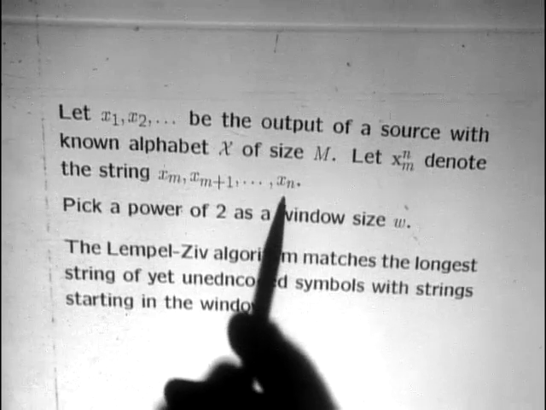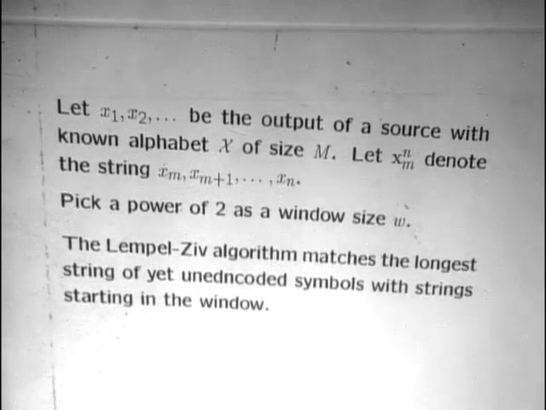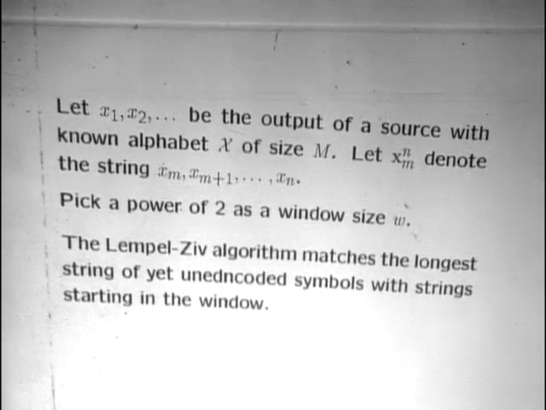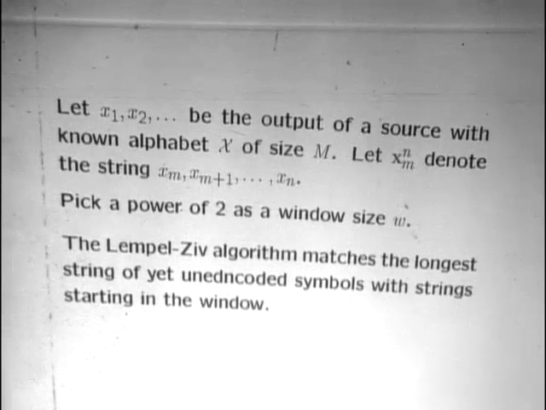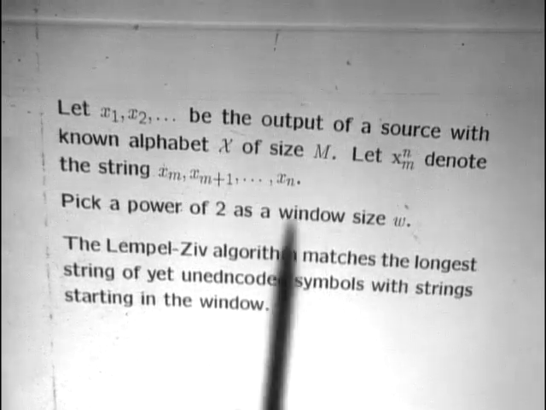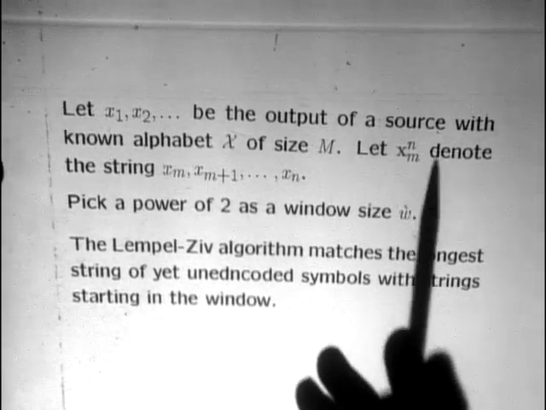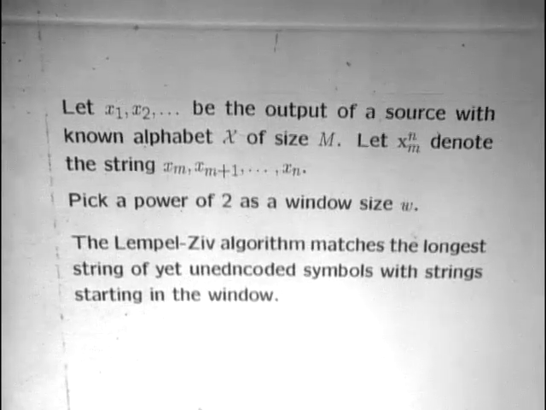In other words, in describing this algorithm, we are all the time talking about strings of letters taken out of this infinite length string that comes out of the source. So we want to have a nice notation for talking about a substring of the actual sequence.